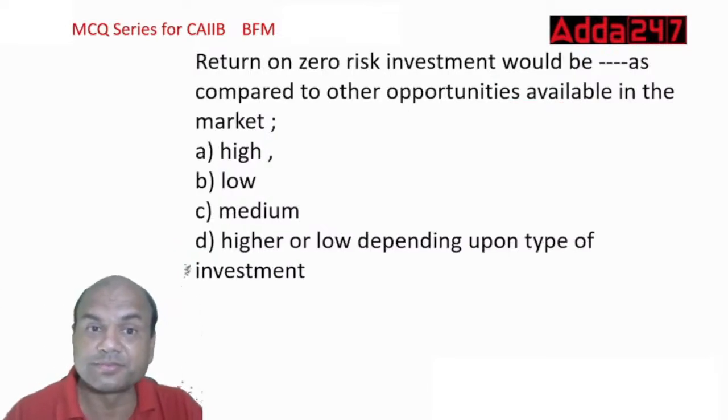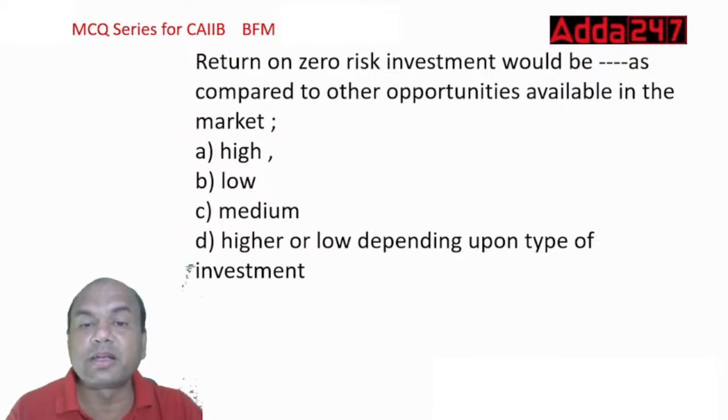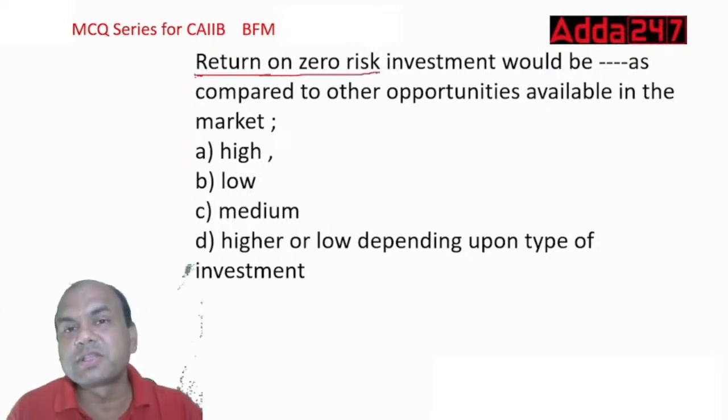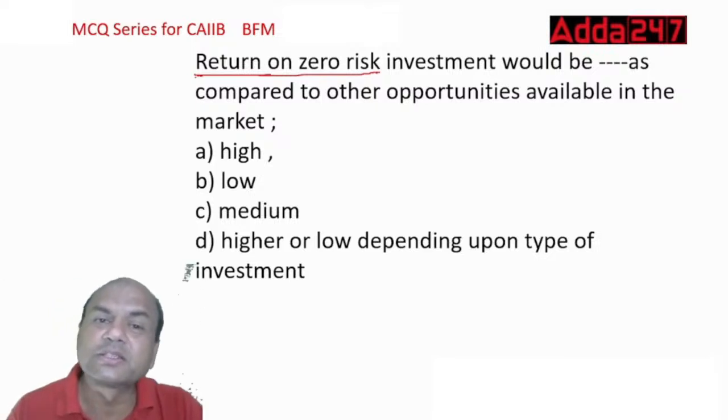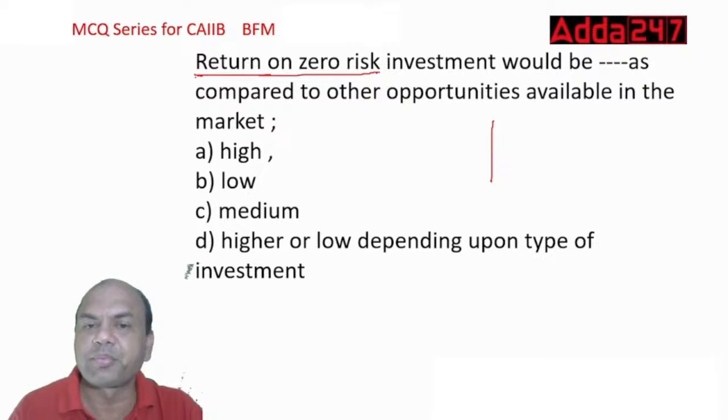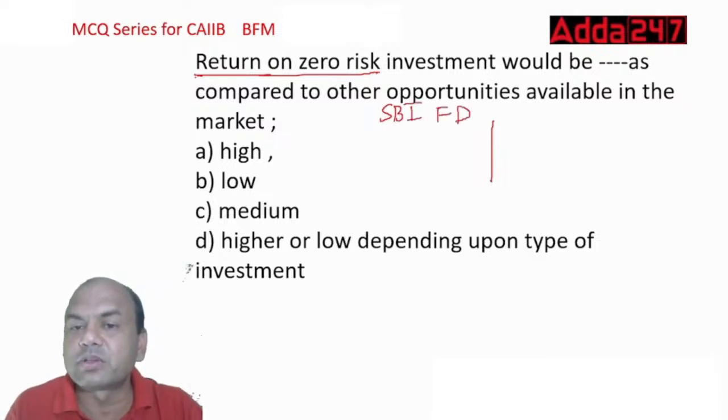Always remember this. Return on zero risk investment would be dash as compared to the opportunities available in the market. So zero risk means what? What do you mean by zero risk? Suppose I'll give you two options. Suppose I keep the money in a nationalized bank FD, let's say SBI FD, or second I keep the money in stock markets, stocks.